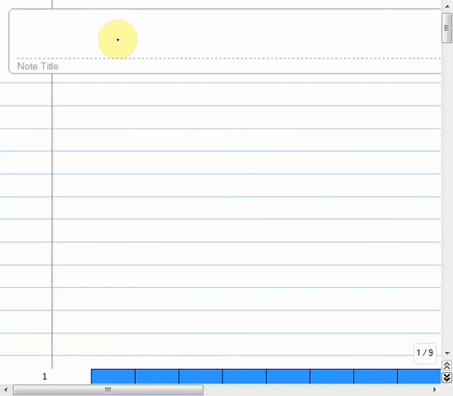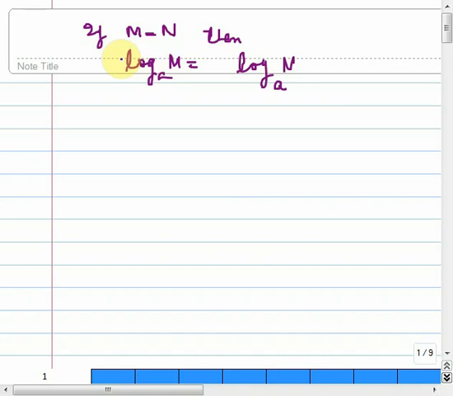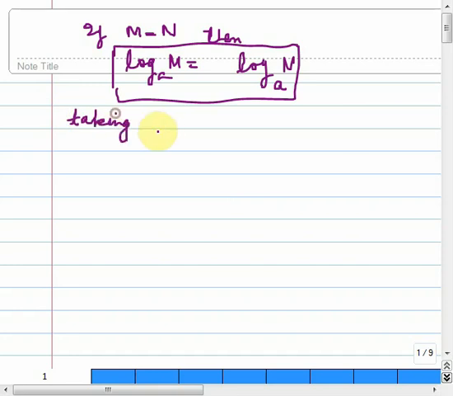There is another property of logarithm, that is if m is equal to n given, then log m to the base a is equal to log n to the base a. This is also called taking logarithm on both the sides.